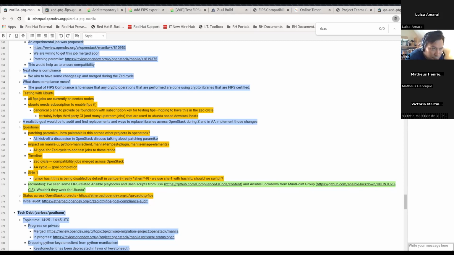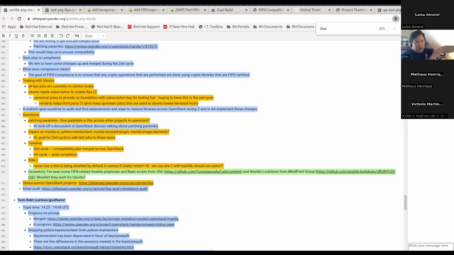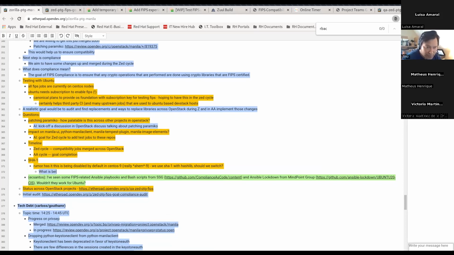Should we switch? Just to be clear, what is being disabled by default in CentOS 9 is using SHA-1 as part of signatures. So if you use SHA-1 as part of a signature, then it will fail by default.